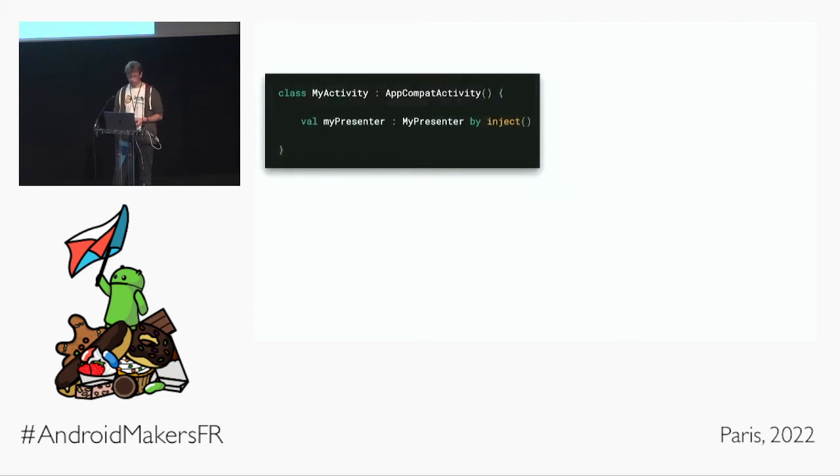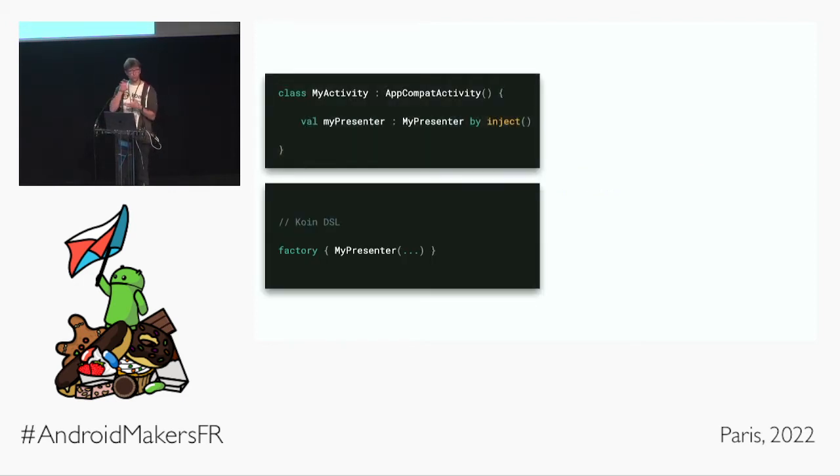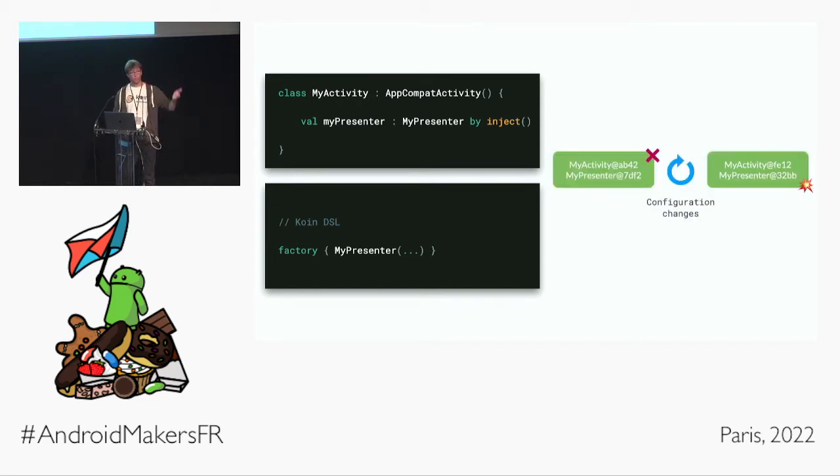That means if you want a presenter to follow your UI, you just describe it as a factory, and that's it. We will create an instance, the UI will receive it and work with it. When the UI drops, your presenter will drop also, and when the UI is recreated, we recreate a new presenter. You don't need much more than that in terms of MVP, for example.